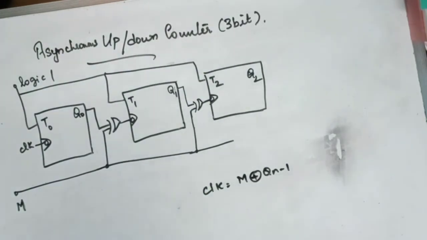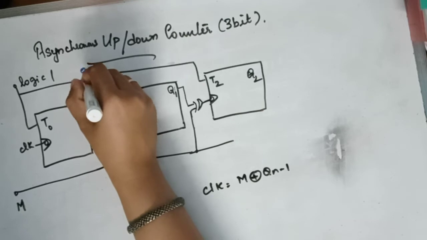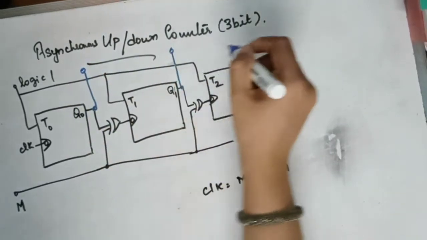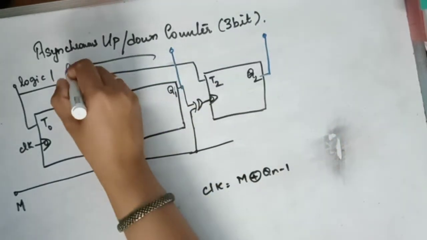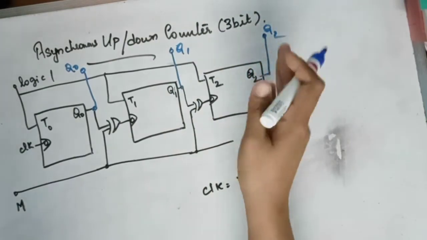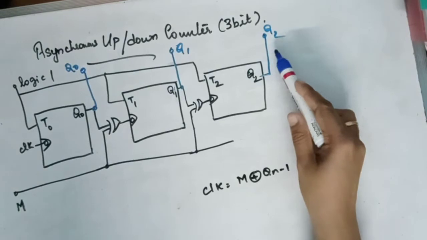And where will you take the outputs from? The LEDs will be connected to Q0, Q1 and Q2. This is my Q0, Q1 and Q2. You will be reading it like this, Q2, Q1, Q0. This is my MSB.